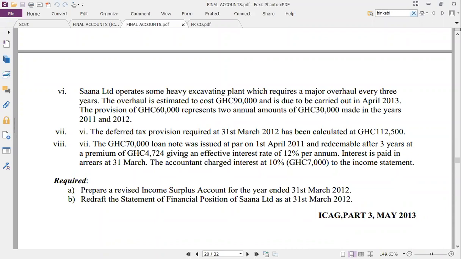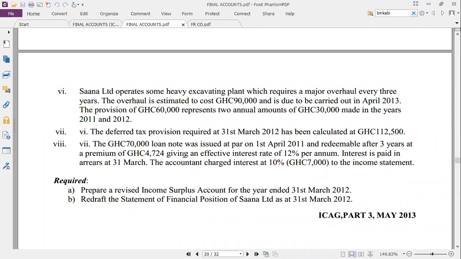That gives an effective interest rate of 12% per annum. Interest is paid in arrears. At the 1st March, the accountant charged interest at 10%, which is 7,000 to the income statement.